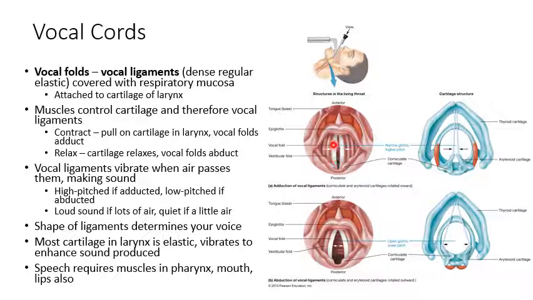The vocal folds themselves consist mostly of vocal ligaments, which are made of dense, regular, elastic tissue. And then on top of that, you have respiratory mucosa. So the thinness of the respiratory mucosa allows the whiteness of the elastic tissue underneath to shine or to show through. Then here you have cartilage covered in epithelium of the larynx.